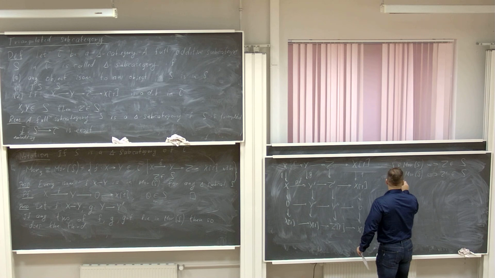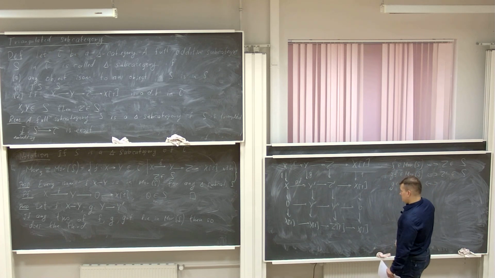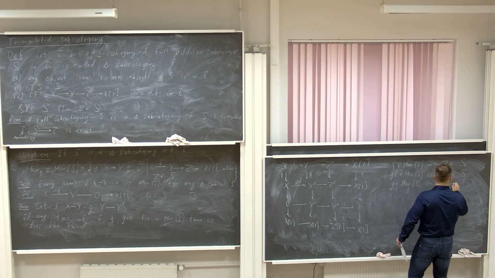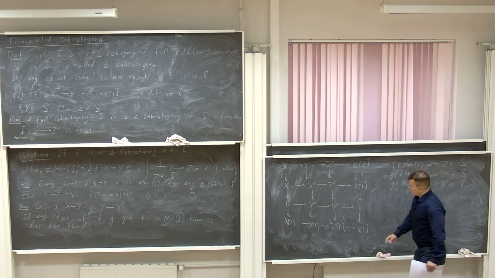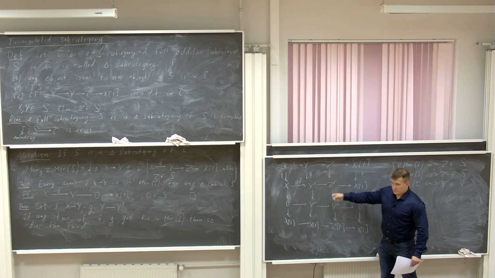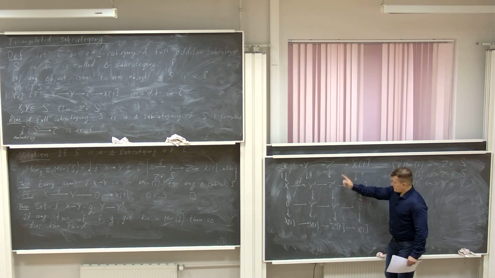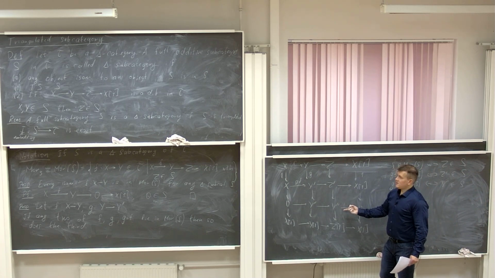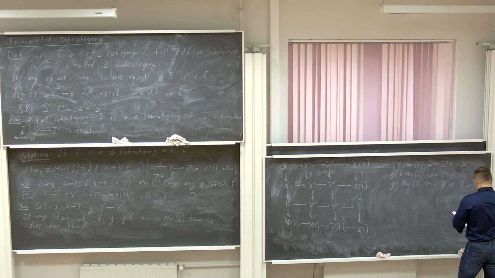So g is in the morphisms of S if and only if Y double prime is in S. But now we also know from the octahedral axiom that the third column is also a distinguished triangle. If you know that two objects in this distinguished triangle are in S, then the third object is also in S. That's the definition of a triangulated subcategory. I think that's all we need to finish the proof.